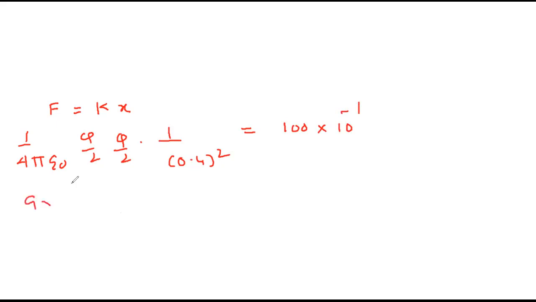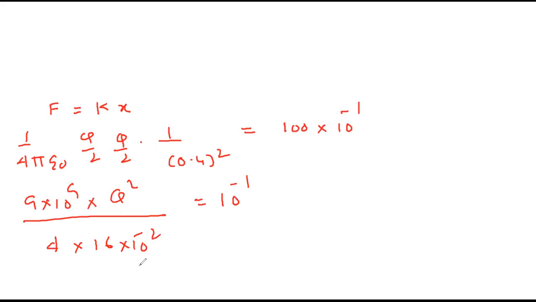9 into 10 raised to 9 into Q square upon 4, 16 into 10 raised to minus 2, 10 raised to minus 1. Therefore, Q square is 64 into 10 raised to minus 2, 16 into 10 raised to minus 2.